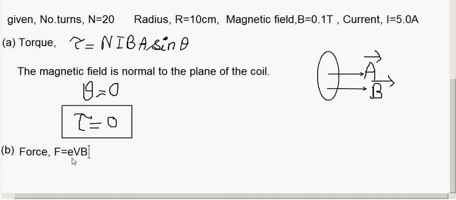Here we have to calculate this v. v is the drift velocity, so you can take it with the suffix d also. F is evdB sin 90. Sin 90 is 1, so force F is evdB. e is the charge of electron and vd is the drift velocity.